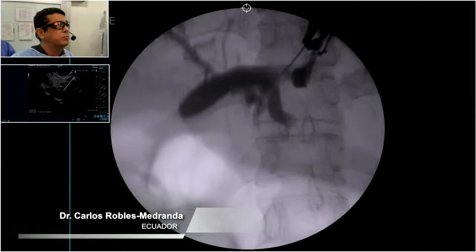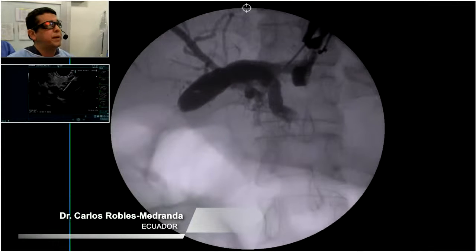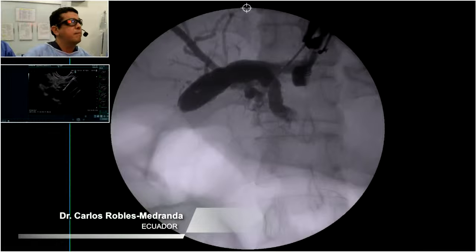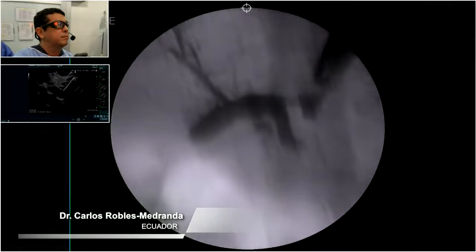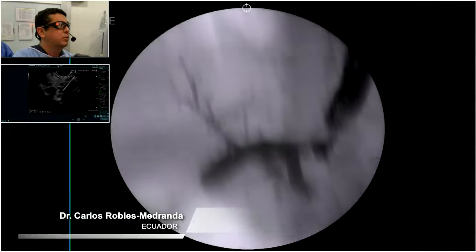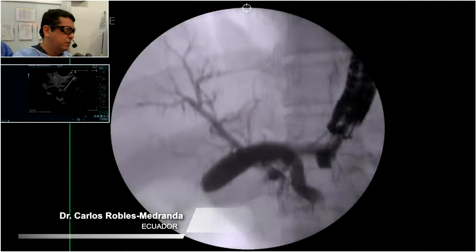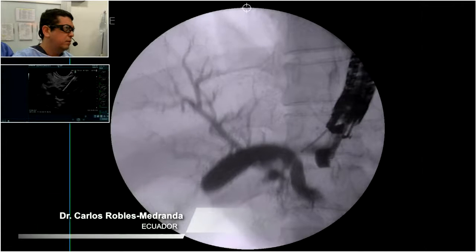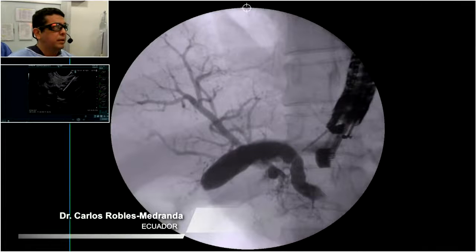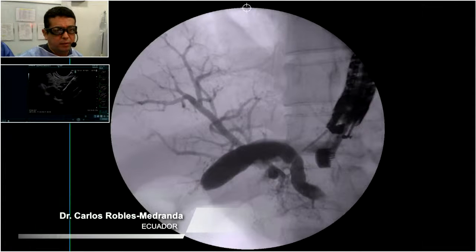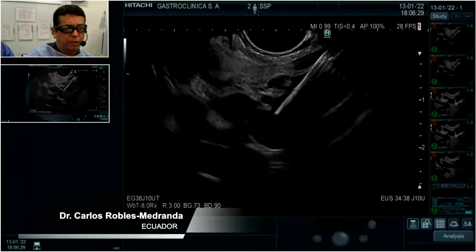So I don't see the path of the contrast, huh? Salina. Quiero ver más arriba. So you see, this is the biliary tract, and I am in a very posterior area.